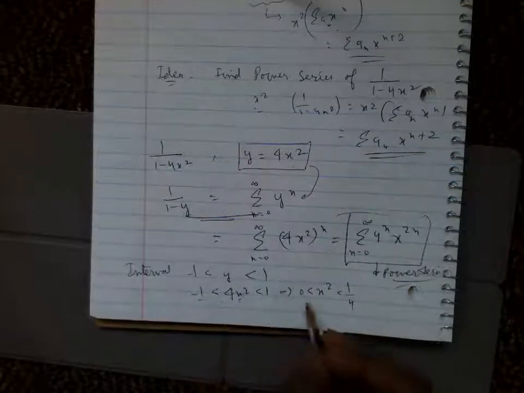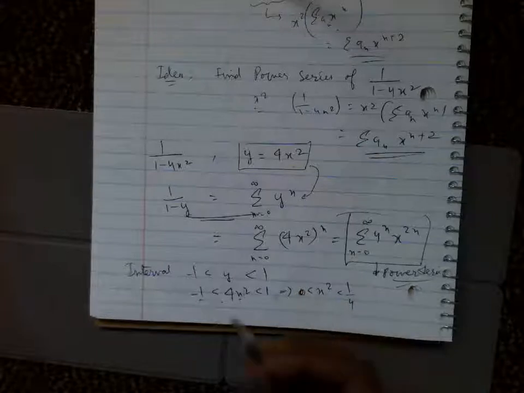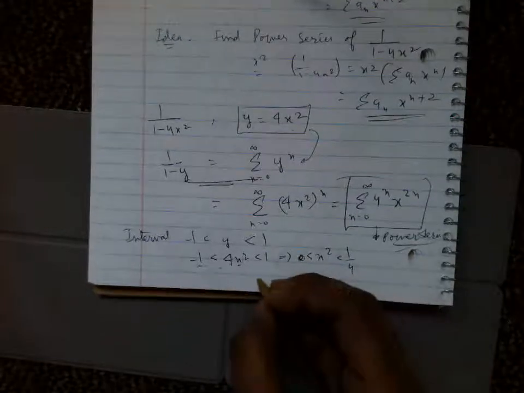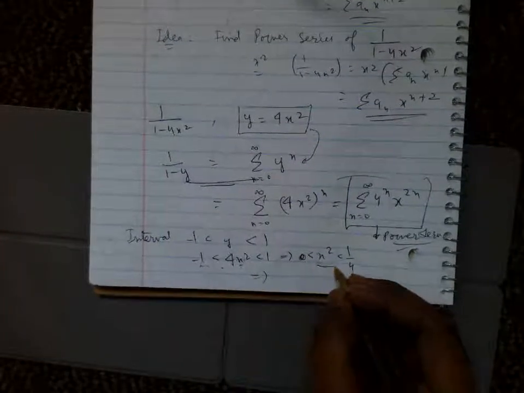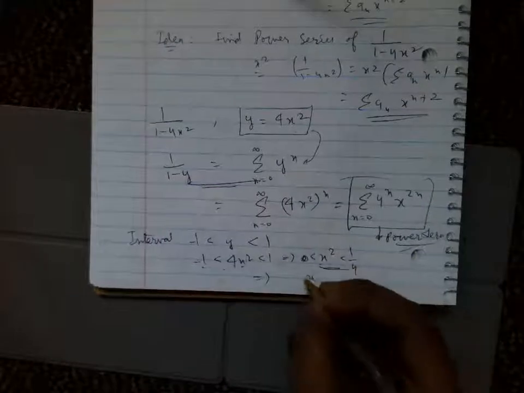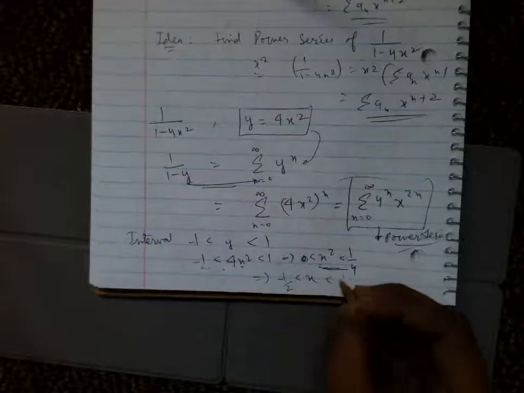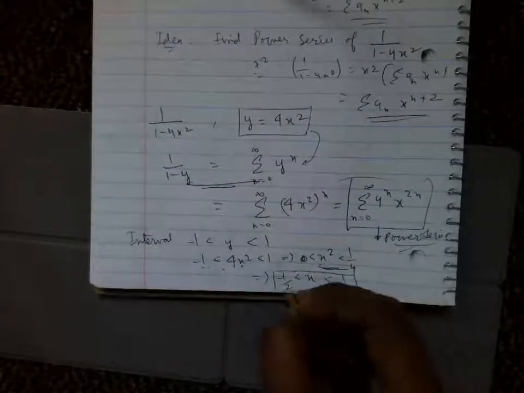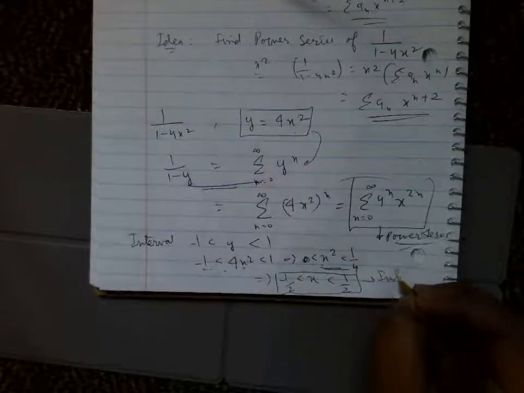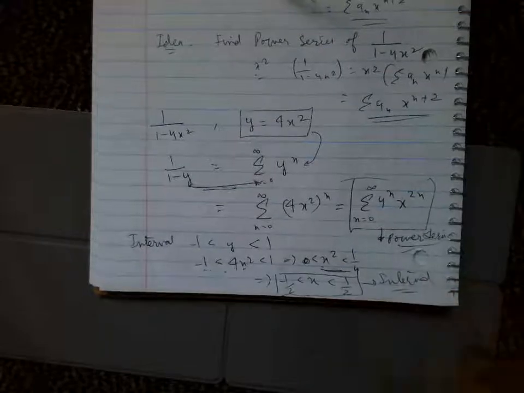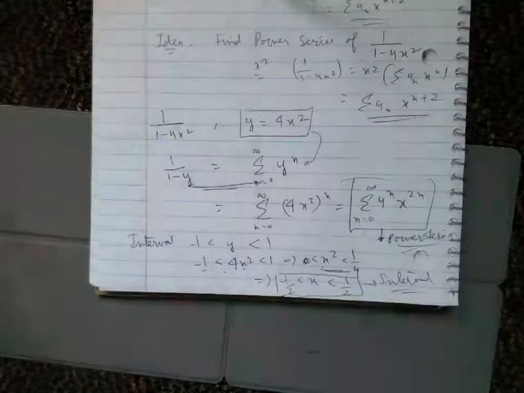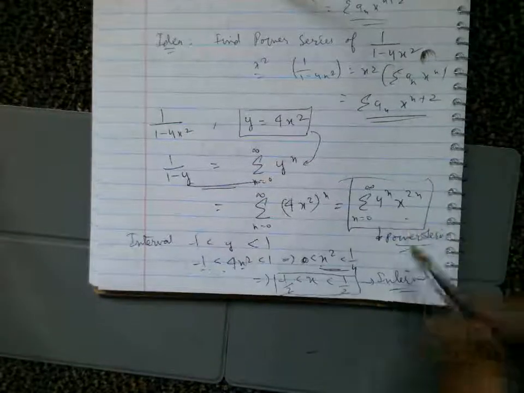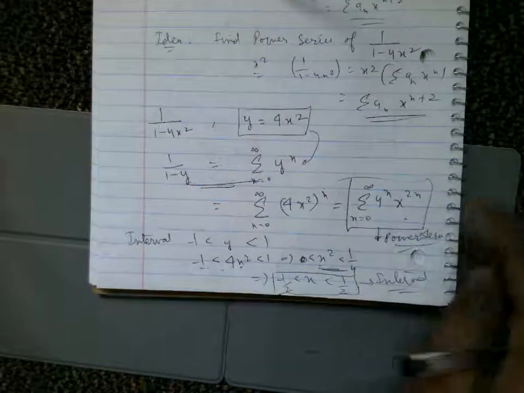So I just removed that minus 1 and put it as greater than 0. Which means that x squared is less than 1 by 4. So x is between minus half and half. So this is our interval of convergence. Alright, so this is our power series, and this is our interval of convergence. That is how you do it.